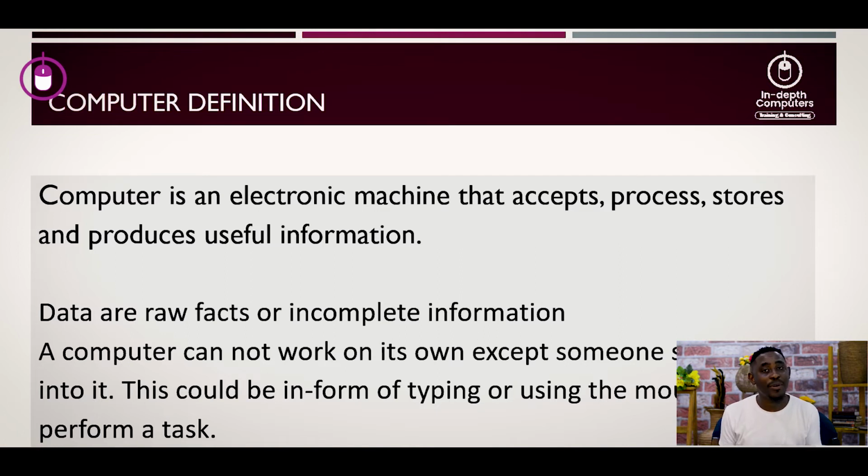And I'm not angry, but I would just put HAPPY for happy. So when we use the computer system to arrange or organize our data, the computer makes it useful information. So don't forget, data are raw facts. They become useful when we use the computer to arrange them properly.